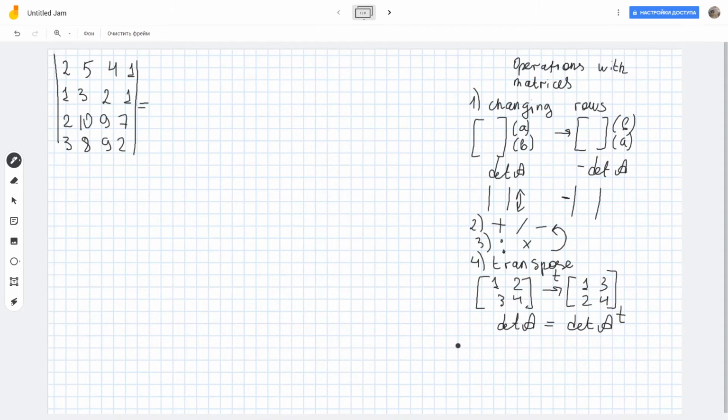And one more thing which I like to discuss with you, it's about identity matrix. So identity matrix looks like this.